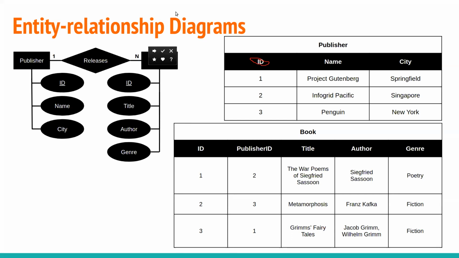Slightly more complicated. Springfield, precisely. Cool, nicely done. So how did we do that? We went to the ID of book 3 that uniquely identifies each row. We went to the publisher ID and we found that book 3 is published by publisher 1. We jump up to publisher 1 and we see that their city is Springfield. Easy peasy. So that's how you read a database, guys.